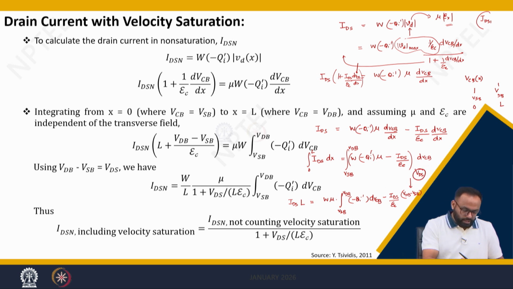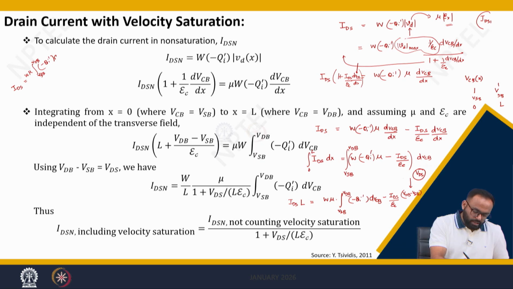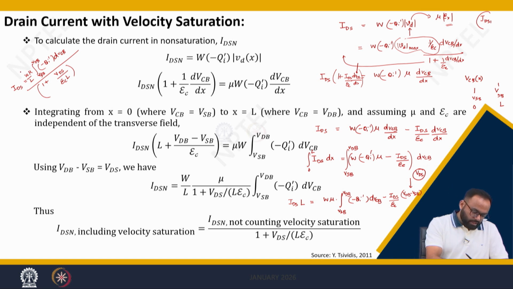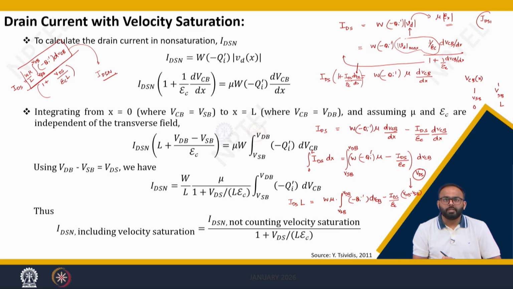So overall this current can be represented as IDS equals integration from VSB to VDB of W into mu into minus of Qi dash dVCB, divided by 1 plus VDS divided by Ec into L. In our previous analysis we have defined that this is nothing but the current equation given as IDSN, the non-saturation current equation, right.